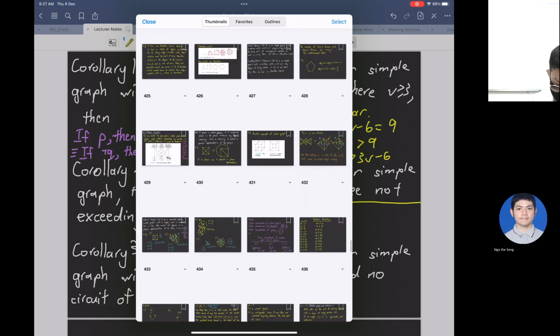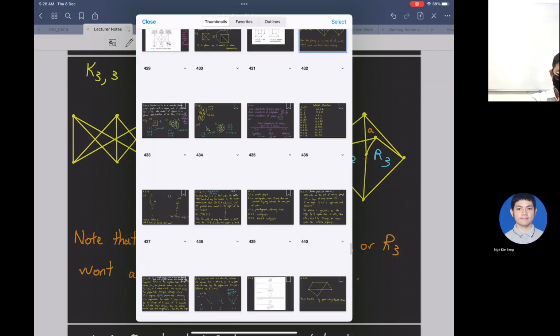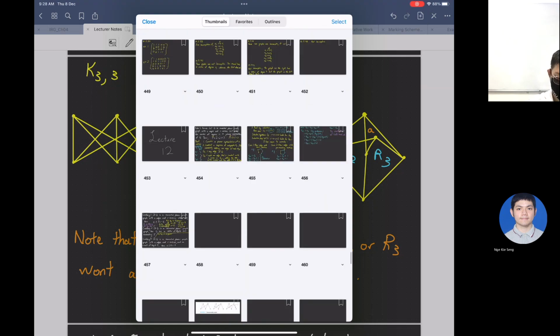Last week we said K3,3 is non-planar because if I use the graph isomorphism, I can decide where the last vertex can go. There are 3 regions you can go, but in every region you cannot avoid edge crossing. So it's non-planar because it doesn't admit a planar representation. Today we will use the number of edges and vertices to see why it is not planar.